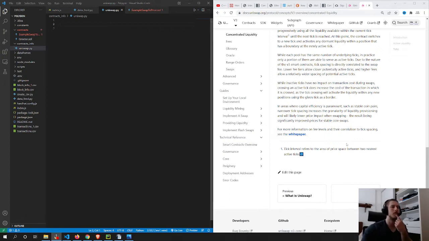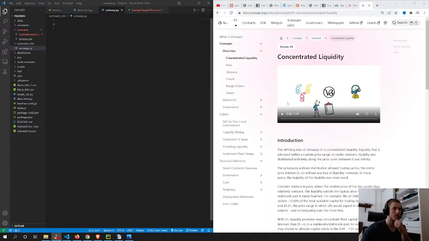So I see. So as the price fluctuates, it maintains the integrity of the thing by offering the range. Oh, that's the first one. I thought I was already below.